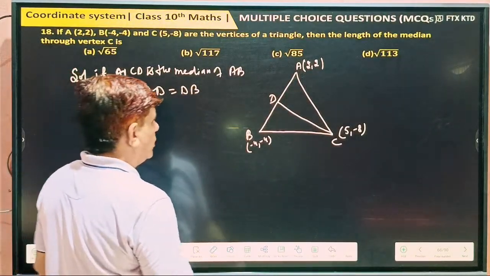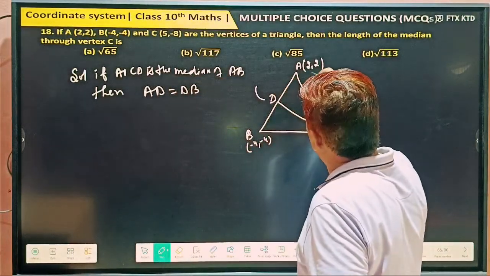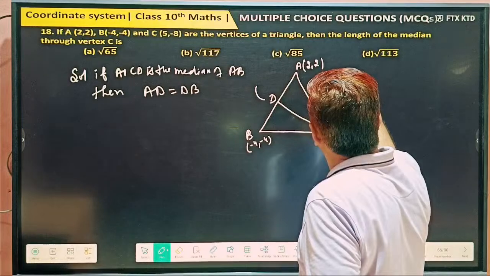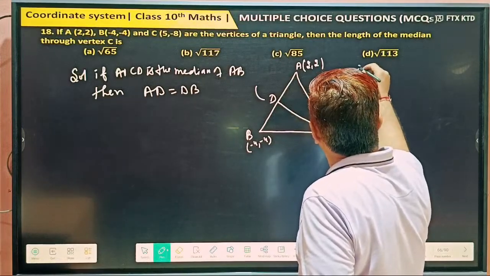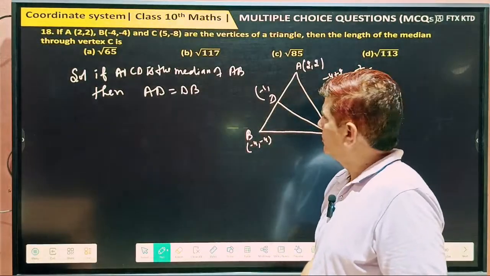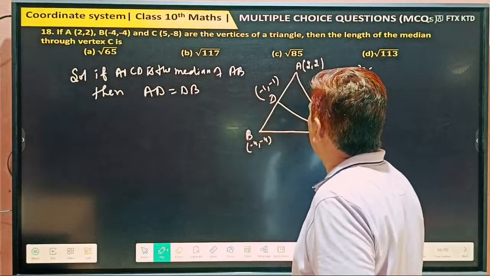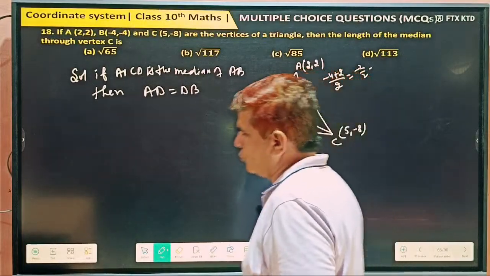So what are the coordinates of this point D? By the midpoint formula, (-4 plus 2) by 2 gives -1, and (-4 plus 2) by 2 gives -1. Then what do we have to find out?